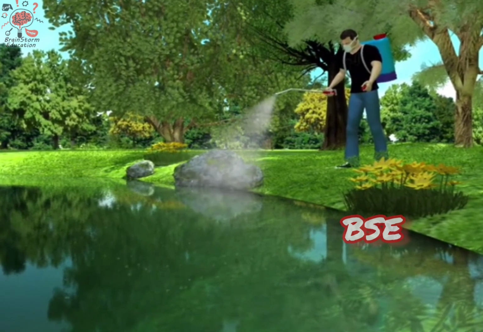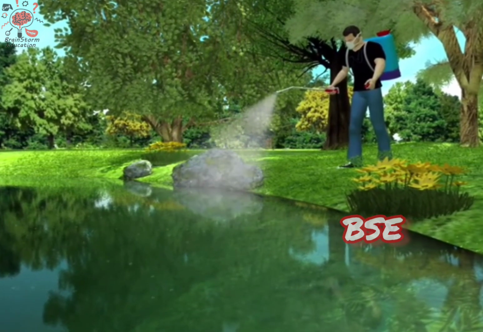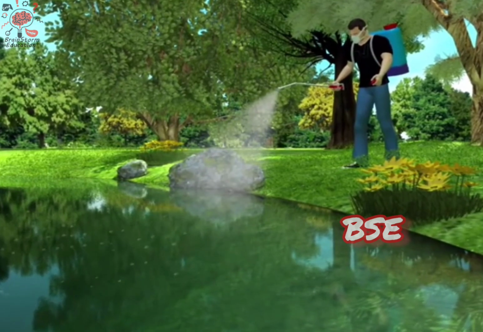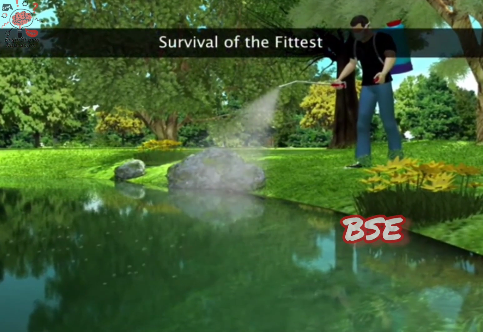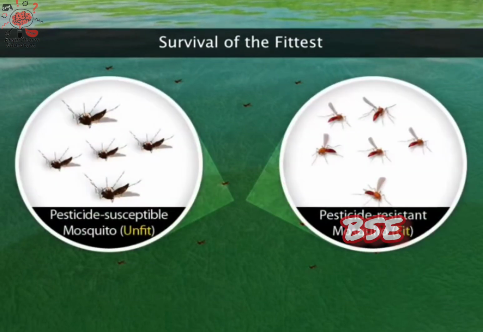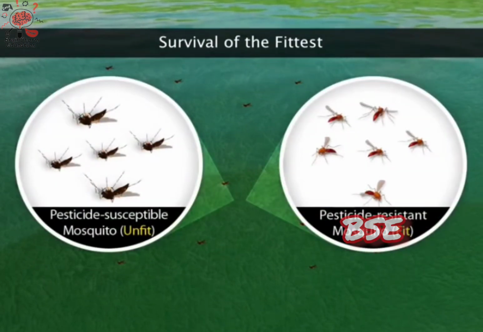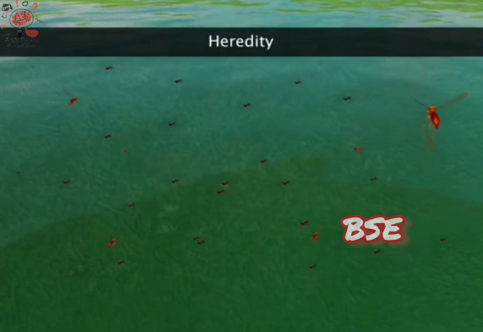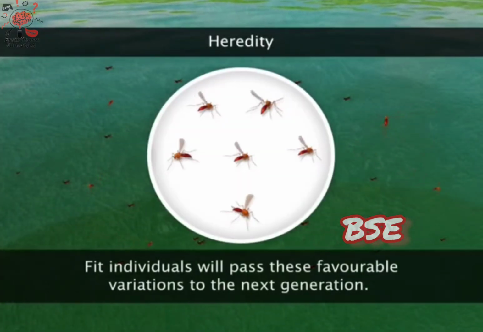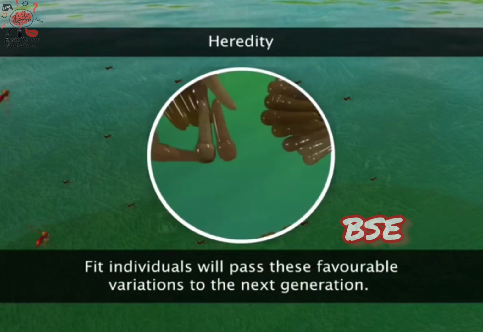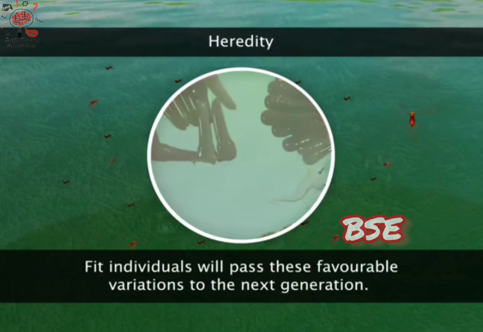This process, whereby the individual with a favorable variation has a better chance of survival, is known by the popular phrase, survival of the fittest. The word fittest here means most suited to the specific environment. The resistant ones will get the opportunity to reproduce and pass this variation to the next generation.